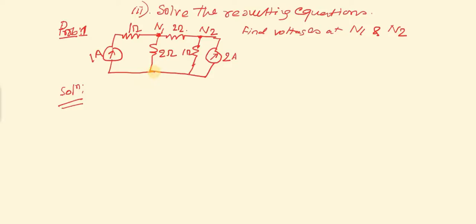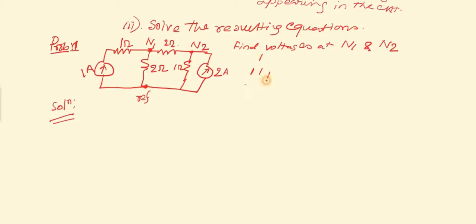So say suppose this is the reference node, and the other two nodes are already mentioned in the problem, N1 and N2. So in total how many nodes? 1, 2, 3. So n is the number of nodes, which is 3, and we need to write n minus 1 equations, which is 3 minus 1, that is 2. So two node equations we need to write.